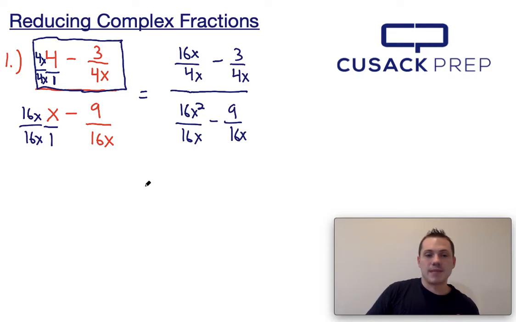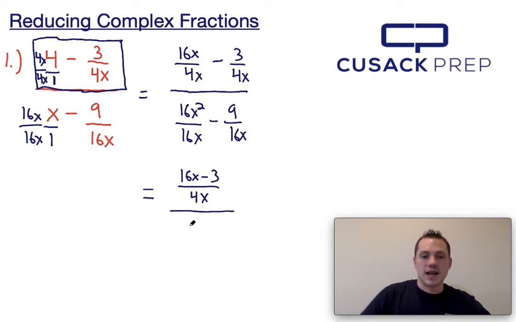We can just subtract across the top, but we keep the denominator the same. So this becomes 16x minus 3 divided by 4x, and in the denominator we have 16x squared minus 9 divided by 16x.